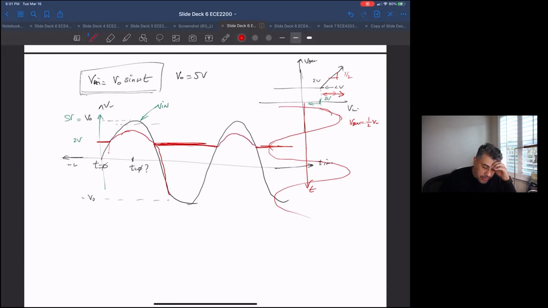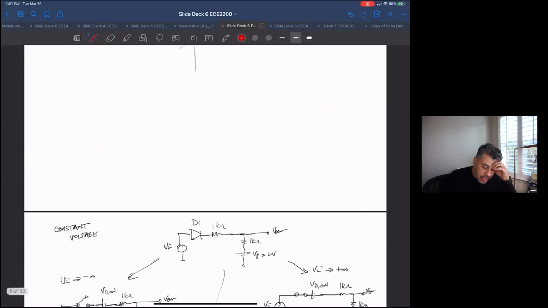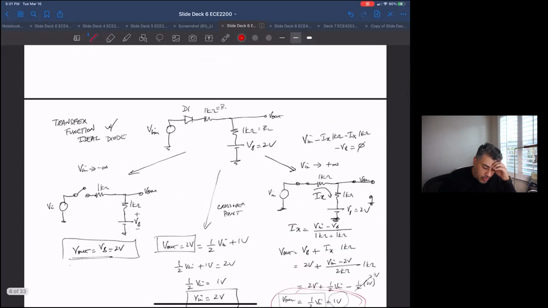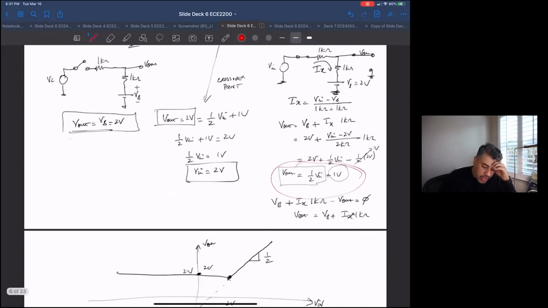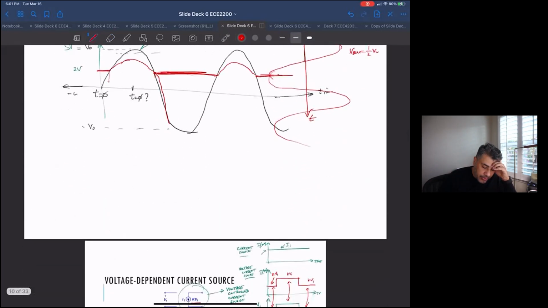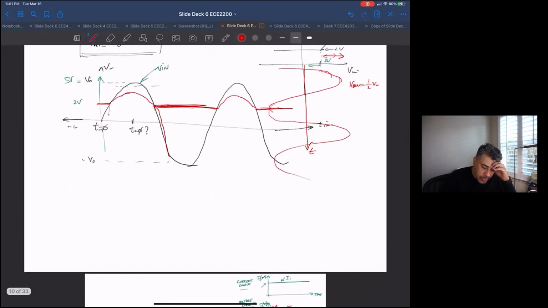So it's going to be a lower version of that. Specifically, the equation for the ideal diode is V out is 1/2 Vn plus 1 volt.